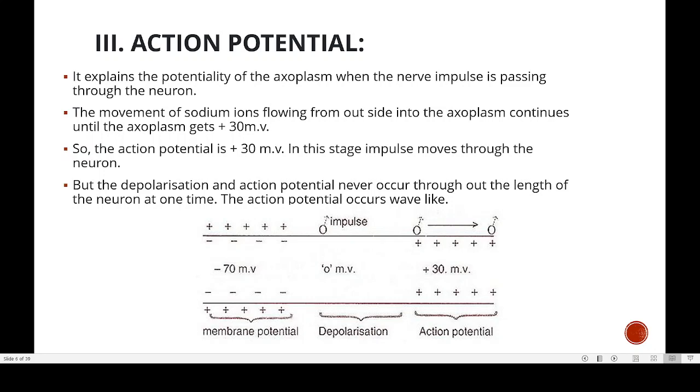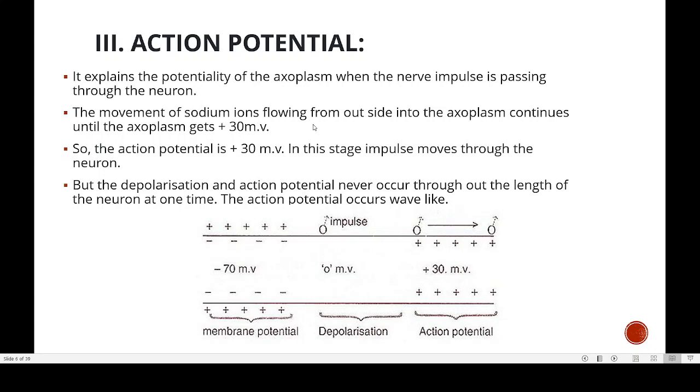Depolarization means the electrical charge of a resting potential is minus 70, and as a result of a stimulus, the minus 70 negative charge becomes 0 millivolt. Then it is known as depolarization. Depolarization occurs only when some kind of stimulus is occurring. And this explains the potential of the exoplasm when an impulse is passing through a neuron.